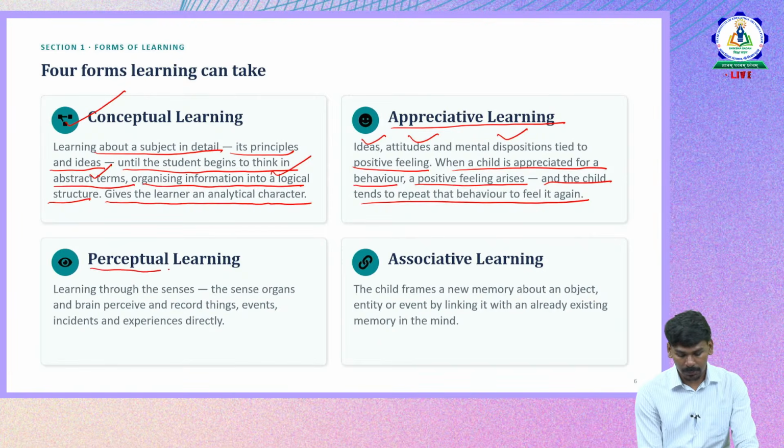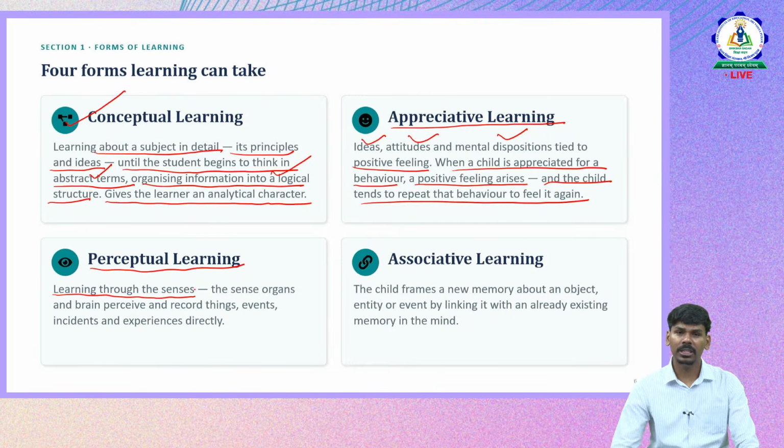Then comes perceptual learning. Also an important one, learning through senses. We do not just learn by reading, right? We do not just learn by looking at things. We also learn by hearing, listening. We also learn by smelling. We also learn by touching. Very easily, without even looking at items, if we touch them, we know what they are.